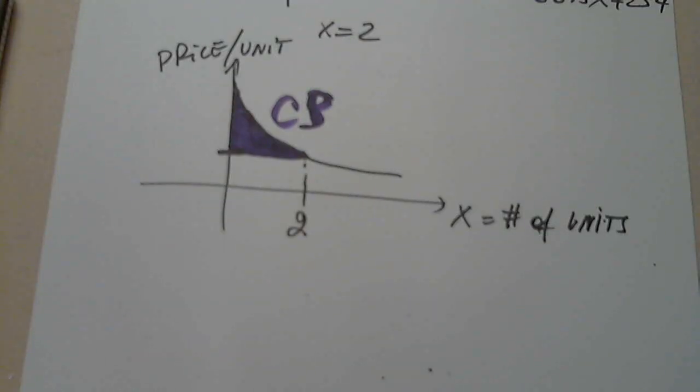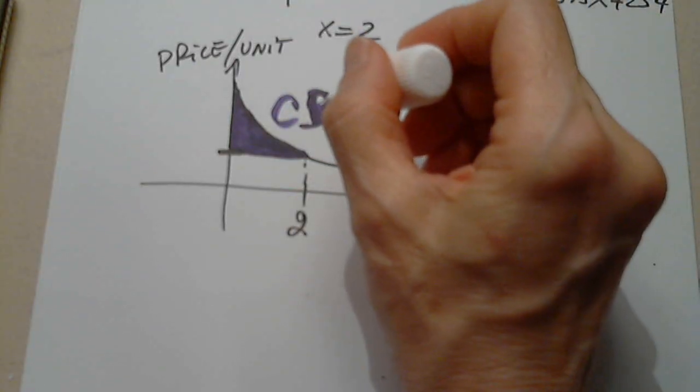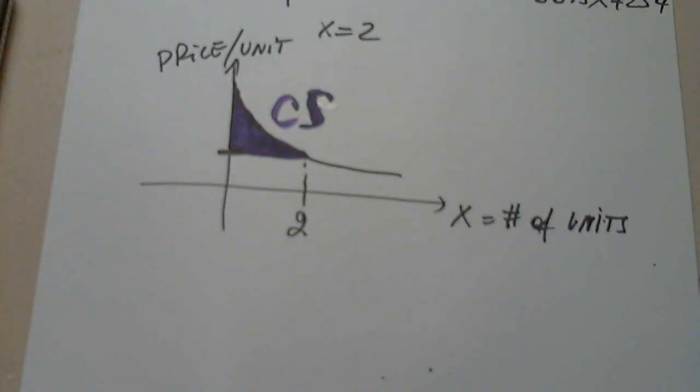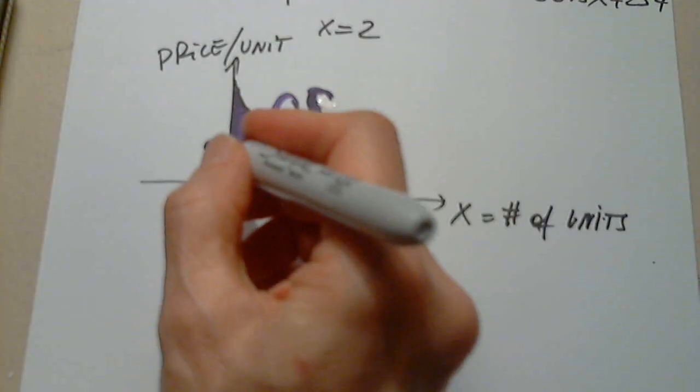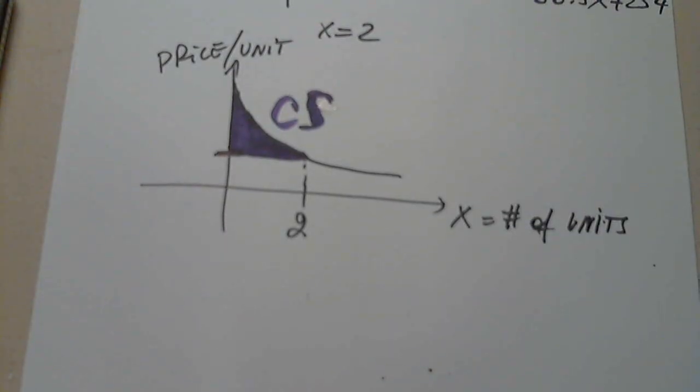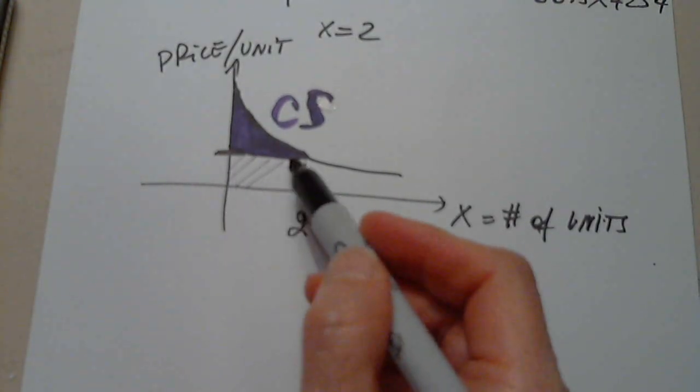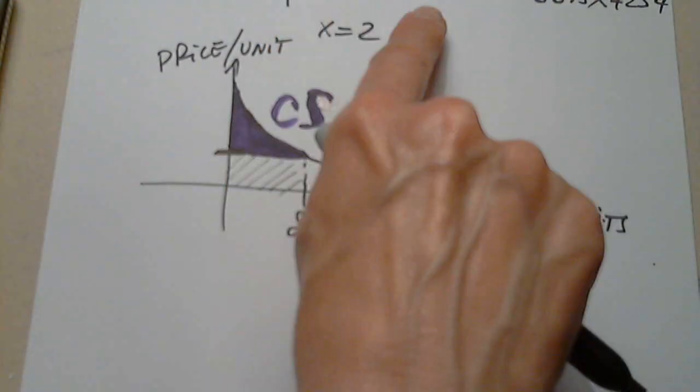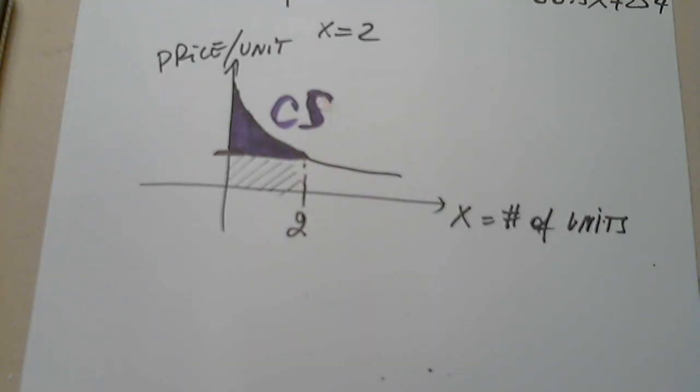I meant to write consumer surplus, of course. Good. So what do I need to find first? The price per unit. Yes. How do I find the price per unit? Right here. Plug in x. Exactly. So let's do that.